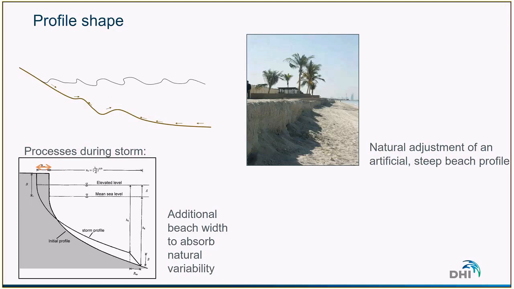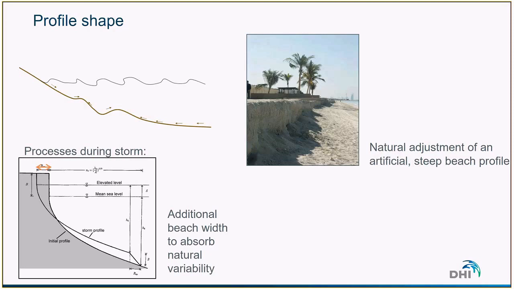When we add some sand to a beach, it will naturally tend to adjust based on the processes. So here we can see, for example, on that picture that some sand has been added to the beach, and it has naturally adjusted to the conditions and the forcing by becoming very, very steep. So that's something we would like to avoid.